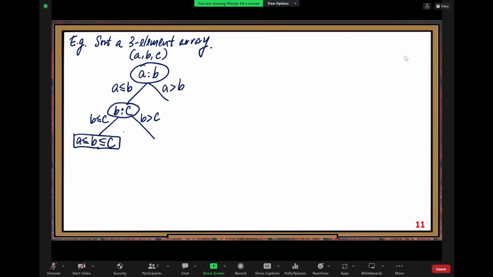But on this side, B greater than C, it's not enough to get the array sorted.